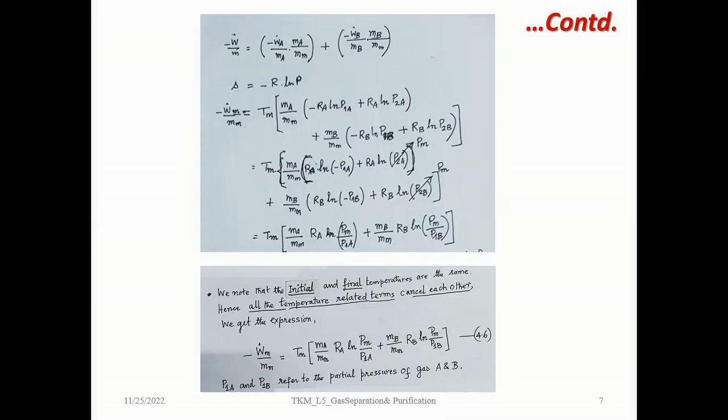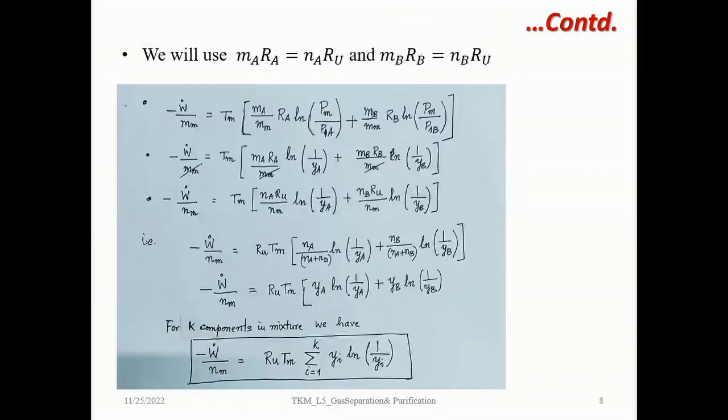Now we will use MA RA is equal to NA RU. What is MA? MA is the mass of gas A and RA is the gas constant per unit mass, and NA is the number of moles of gas A multiplied by the universal gas constant.